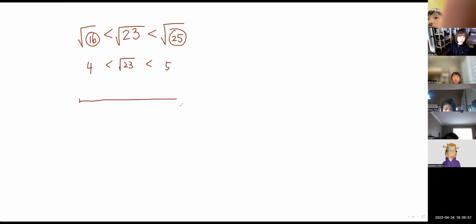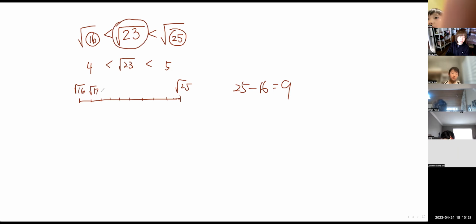Okay, so we're going to do the number line. So square root 16 and square root 25. And like I said, everybody, because 25 minus 16 equals 9, I know I need to equally cut them into 9 parts. Okay, so 1, 2, 3. It doesn't have to be perfect because all we need to do is find where square root 23 is.